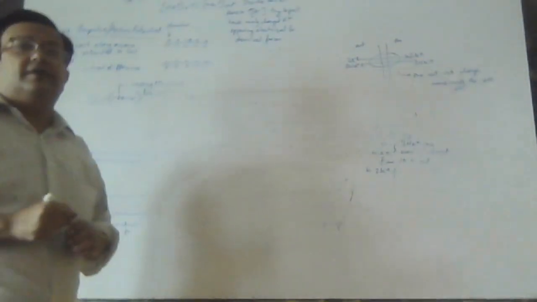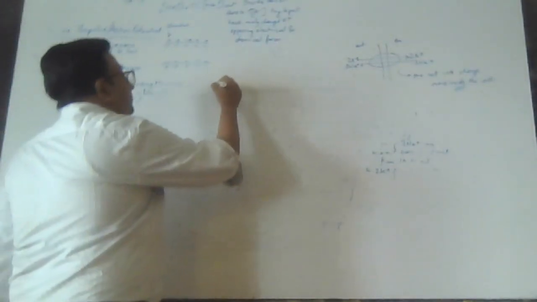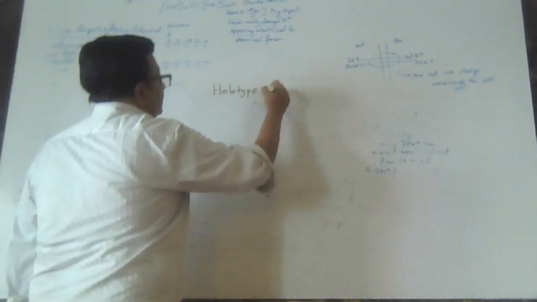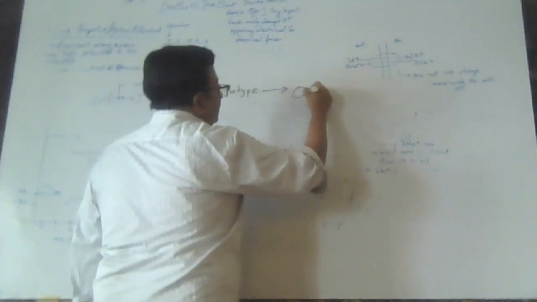Now one more thing remains. Suppose the holotype is a male, so you have to give it a female counterpart.